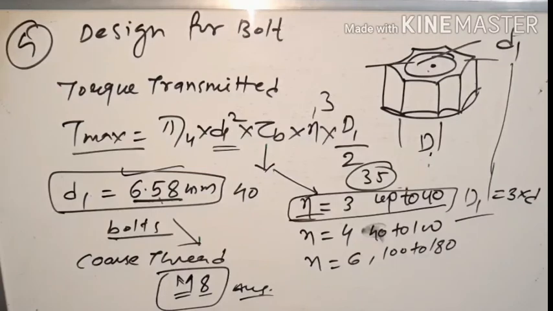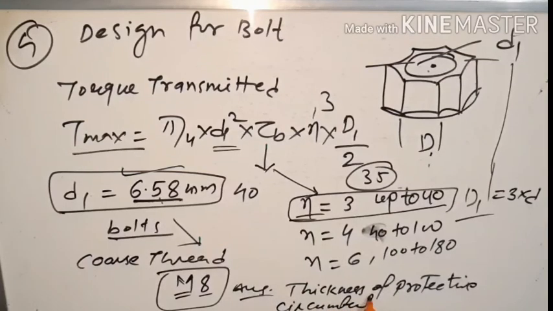Now we can find all the values, but one more value is remaining, that is the thickness of the protective circumferential flange.